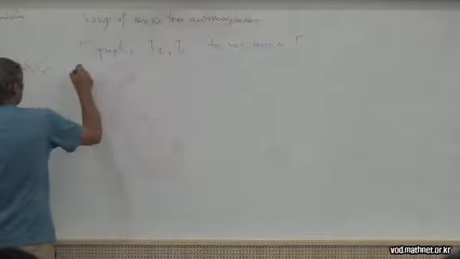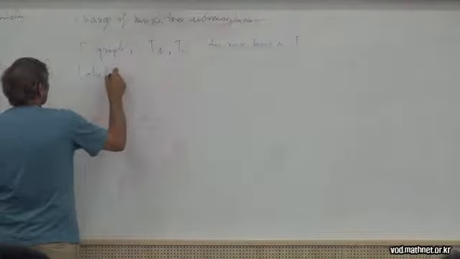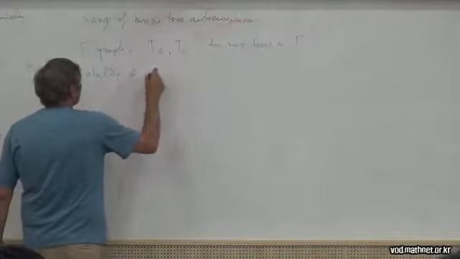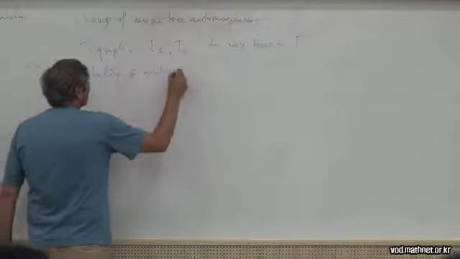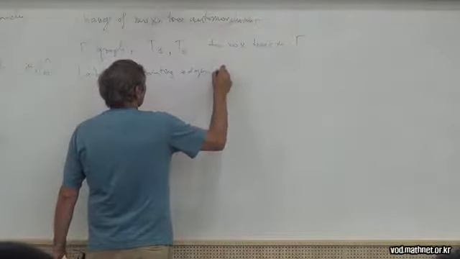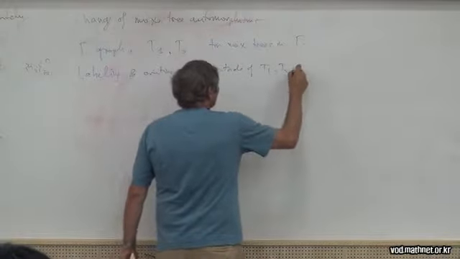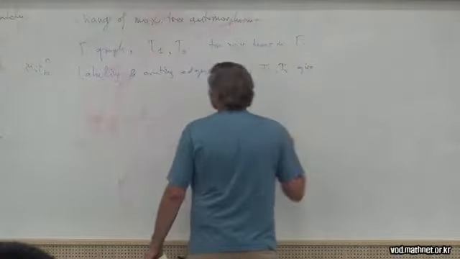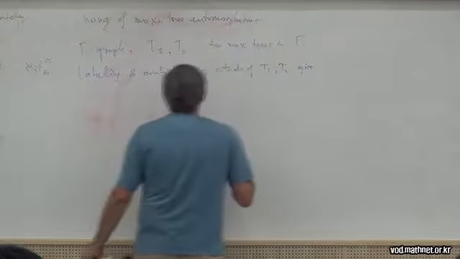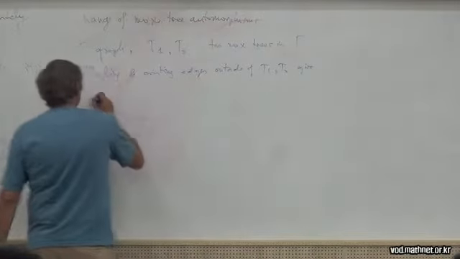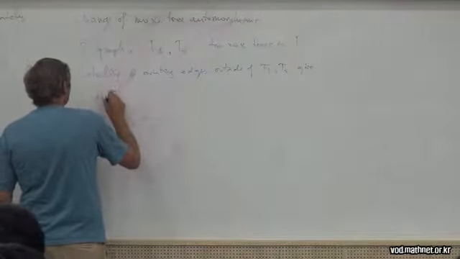Okay, so now labeling and orienting edges outside of T1 and T2 give identifications.